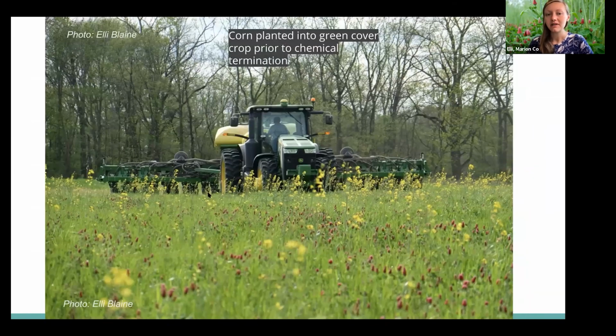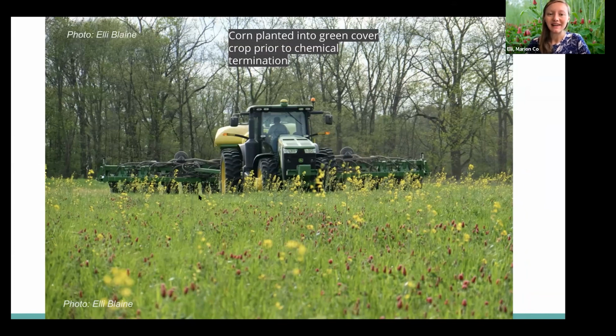There are also farmers that are planting green prior to terminating chemically. And this can help enhance the soil life and that activity prior to planting, and maximize that nutrient cycling in our soils right before that critical time of planting.